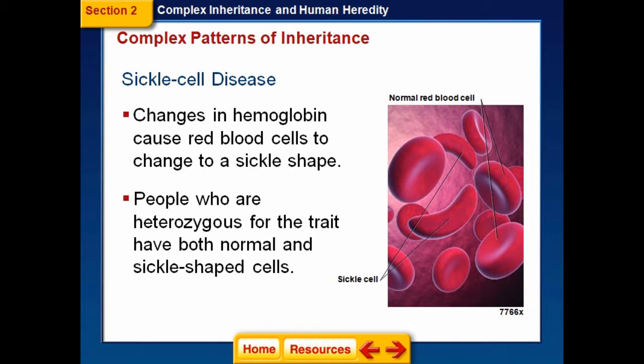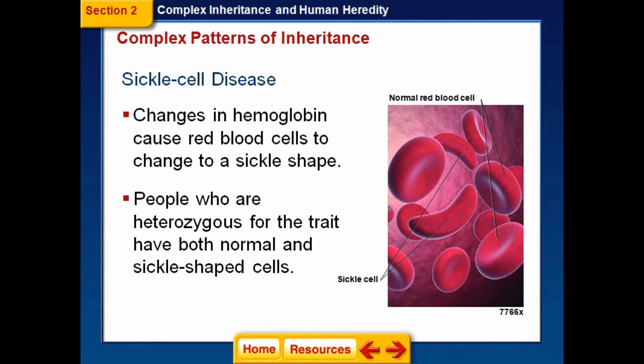Now, sickle cell disease causes changes in hemoglobin, and this hemoglobin causes the blood cells to be sickle in shape. This sickle shape makes it harder to flow through arteries and tiny vessels like capillaries, and they can become clogged with the red blood cells, and it's quite painful.